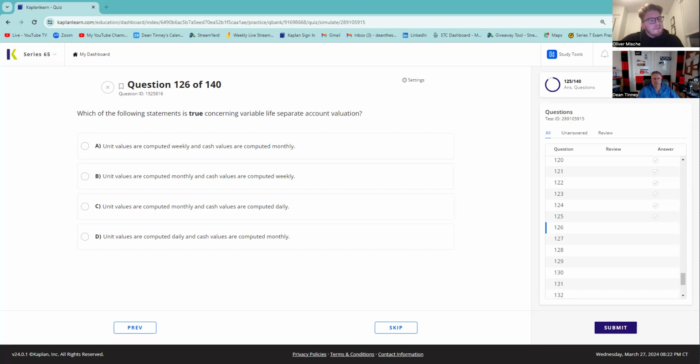D? B, unit values are computed monthly, cash values are done weekly. You missed it. No, D. D, unit values are computed daily. Hey, there you go. You got it right.